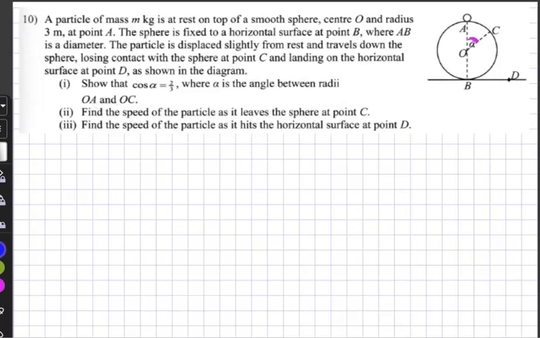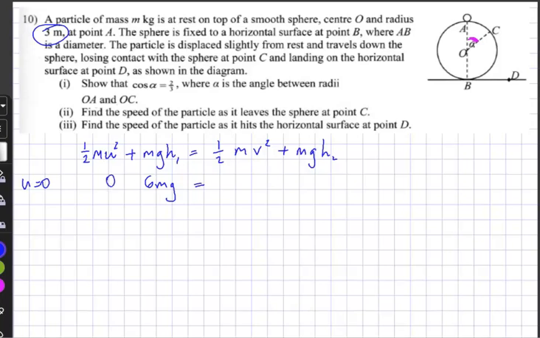We've got potential energy and kinetic energy at the start at our point A. If its velocity at the beginning is equal to 0, its height above the ground is 6, because it's 2 lots of the radius 3. So the height is 6, so 6mg. The velocity is 0 at the beginning.